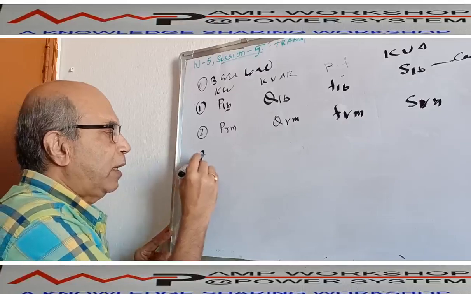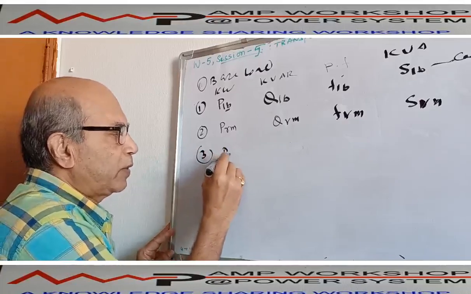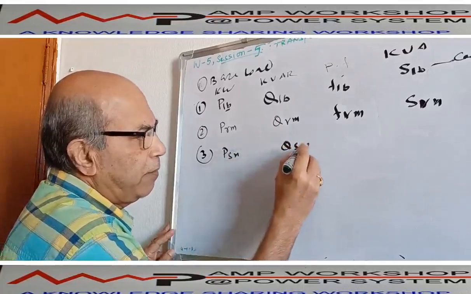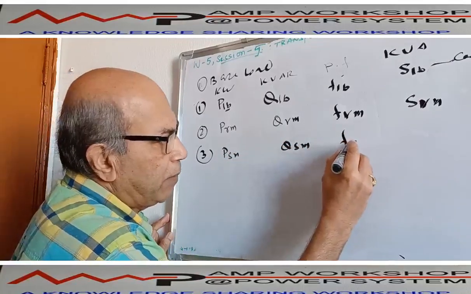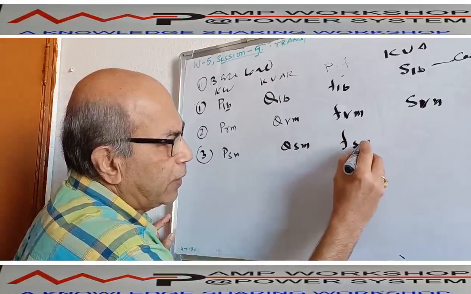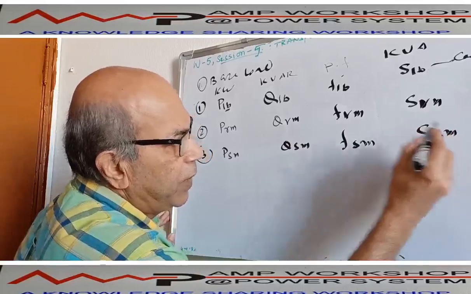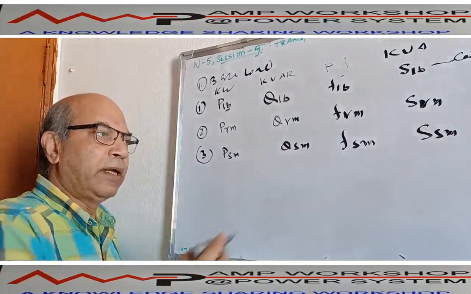Third, we calculate motor starting kilowatt, then motor starting kVAR, motor starting power factor, and then motor starting kVA, that means apparent power.